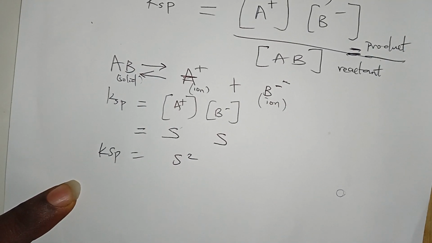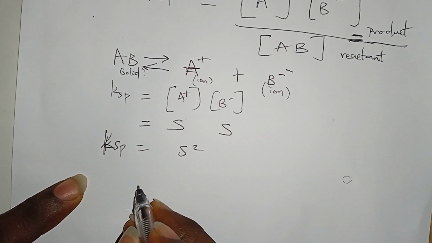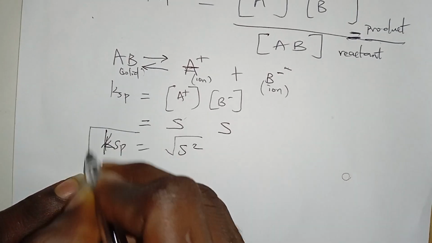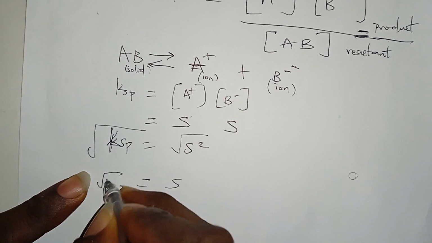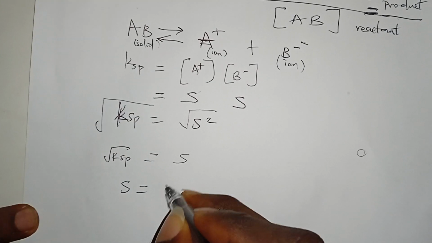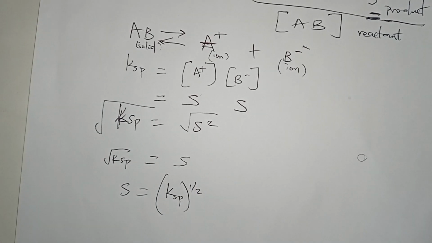Are you understanding it? KSP means solubility product. So if S square is equals to solubility product, to make S subject of the formula, we take the square root of both sides. So that S is equals to square root of KSP. And you know that this is the same thing as S is equals to KSP raised to power 1 half.